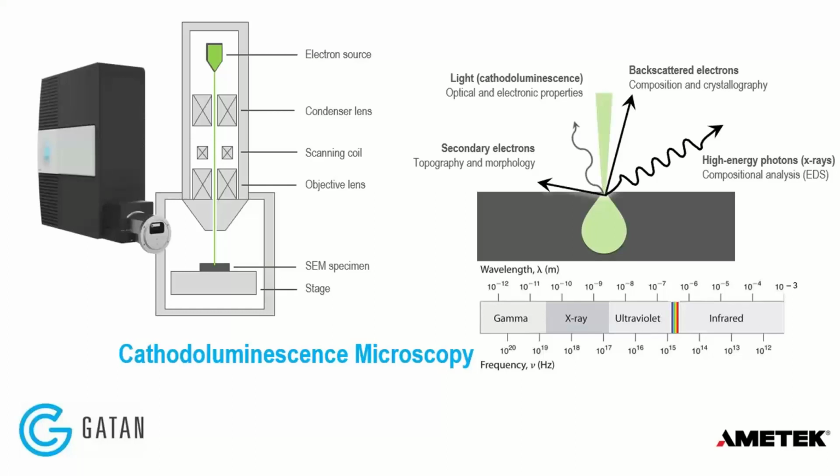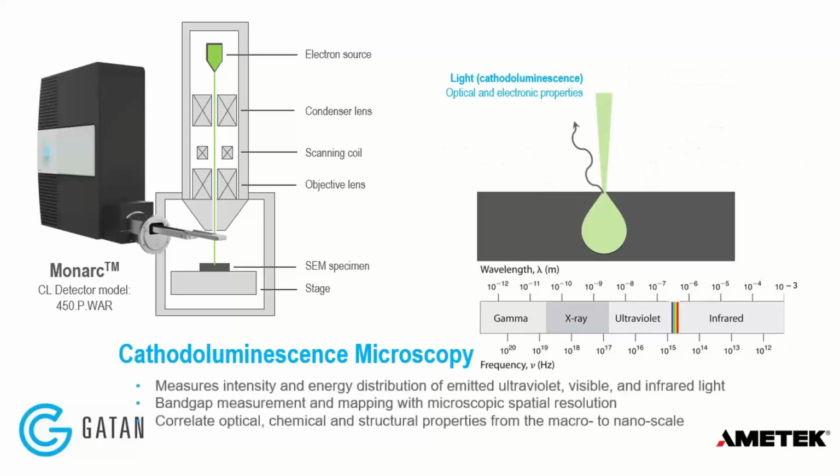It can reveal more information about the band gap in the material. We do this by bolting on a cathodoluminescence detector and analyzer. We extend a parabolic collection mirror above the sample, and we couple the light back into the detector that way. This allows us to correlate optical, chemical, and structural properties down to the nanoscale.